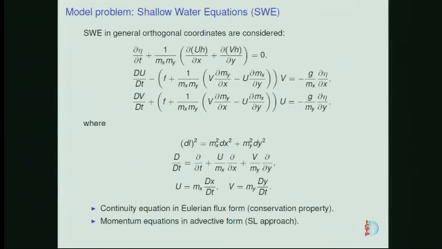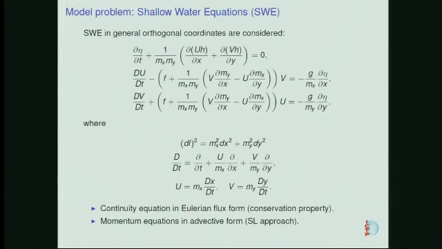But I want to stress the fact that the method I'm presenting in the following does not depend on this assumption. So you can extend it also to unstructured meshes and even to non-conforming meshes, since, of course, thanks to the flexibility of DG methods, you can do it. It's just a matter of more complicated implementation.